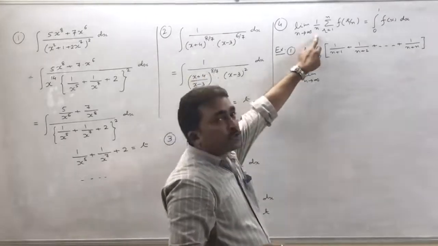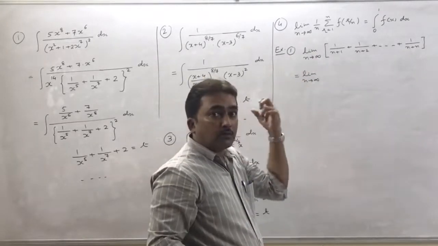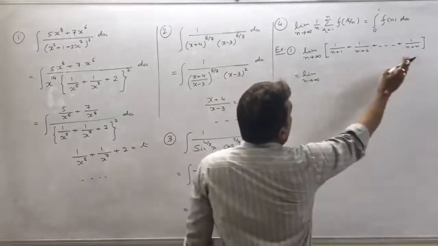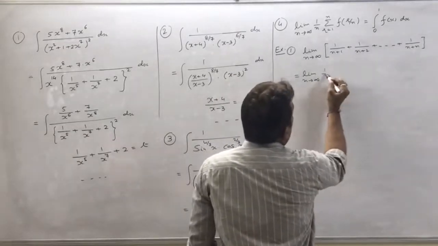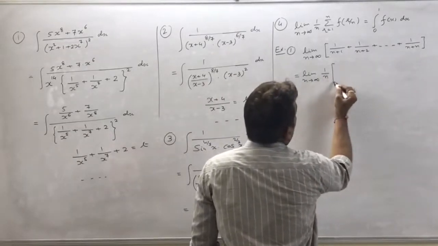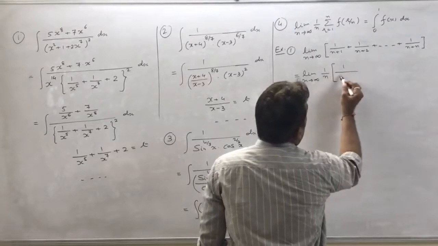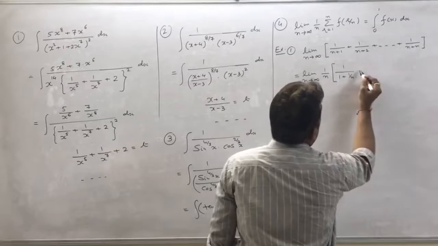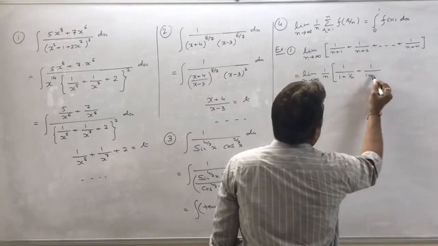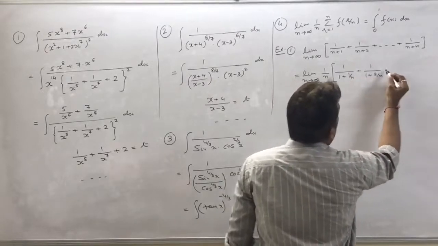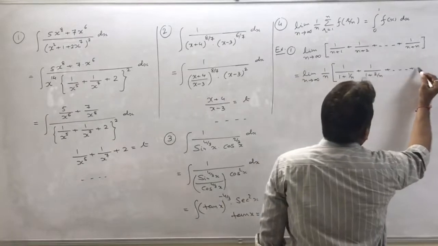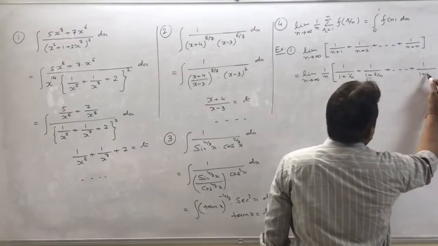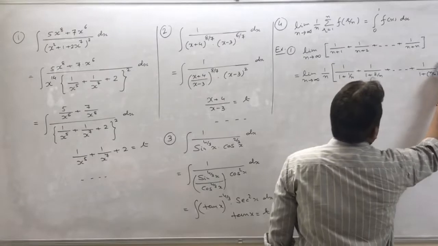If we want to use this form, then 1 upon n outside is necessary. Therefore n common from the denominator, 1 upon n outside: 1 upon (1 plus 1 upon n), 1 upon (1 plus 2 upon n), up to 1 upon (1 plus n upon n).